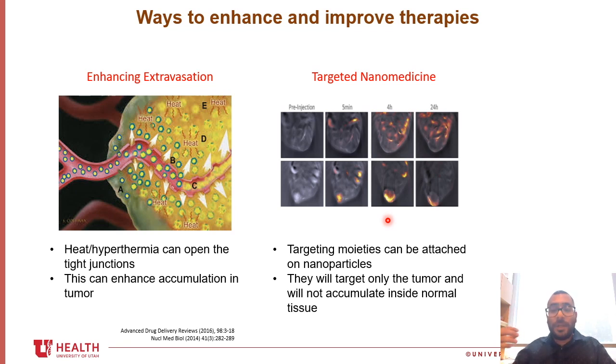So if we attach a ligand to the nanoparticle, it can attach to this particular receptor and target itself to this particular region, thereby avoiding accumulation all over the body. And these are just some of the ways that have been employed for a really long time in research to improve therapies.